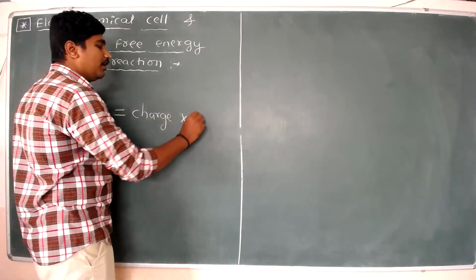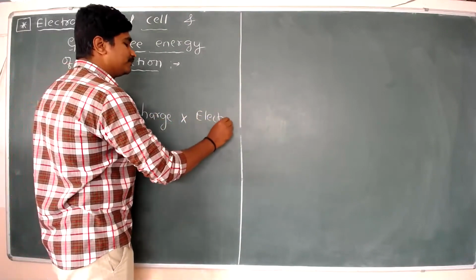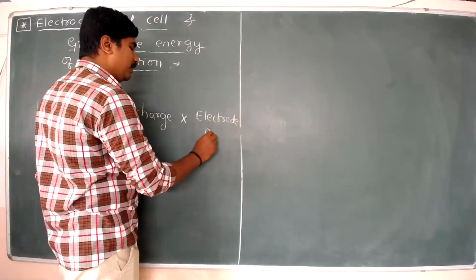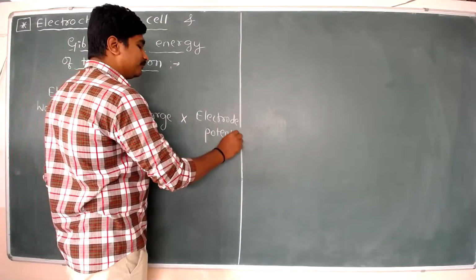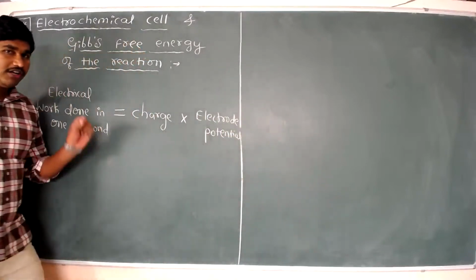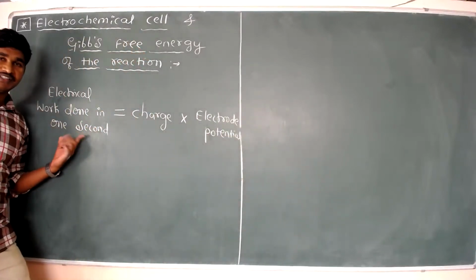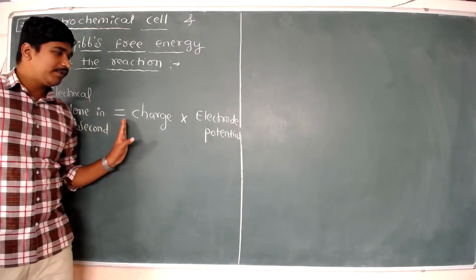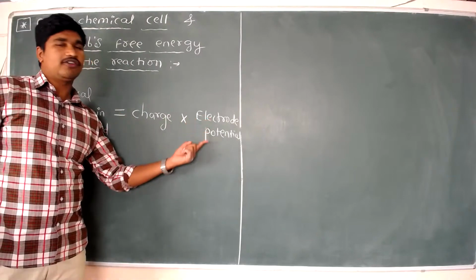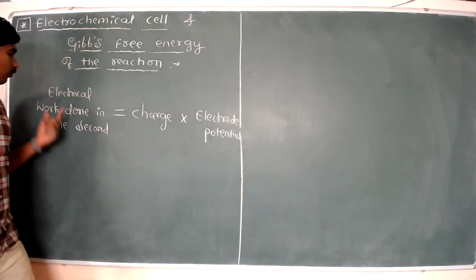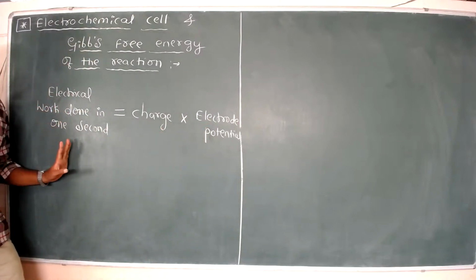That is, the product of charge and the electrode potential will give the electrical work done in 1 second.